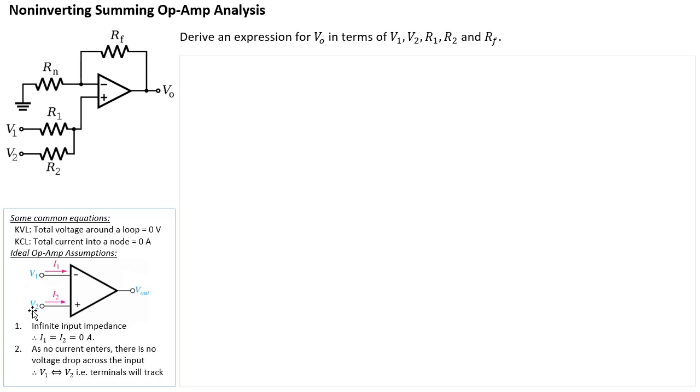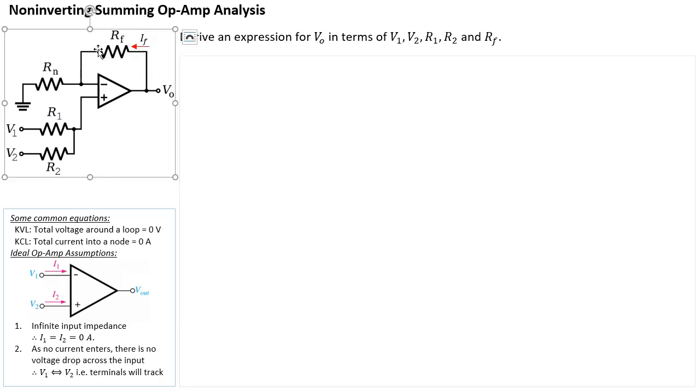All right, so as usual, let's first label all our currents and voltages so that we can make sense of the equations that we're making. First, I'm going to label the feedback current. The feedback current is going to be going from right to left through RF, like so.